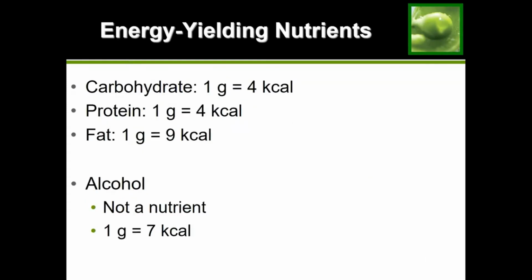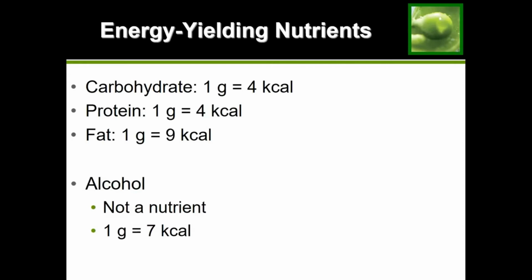So we said that the nutrients that provide us with calories are the carbohydrates, proteins, and lipids, but what we want to look at now are the differences in the amount of calories that each of the nutrients provides. Before we get into that, one thing that I want to mention is you will notice that I have alcohol listed as providing us with calories, even though we didn't mention it as one of the nutrients that contain calories.